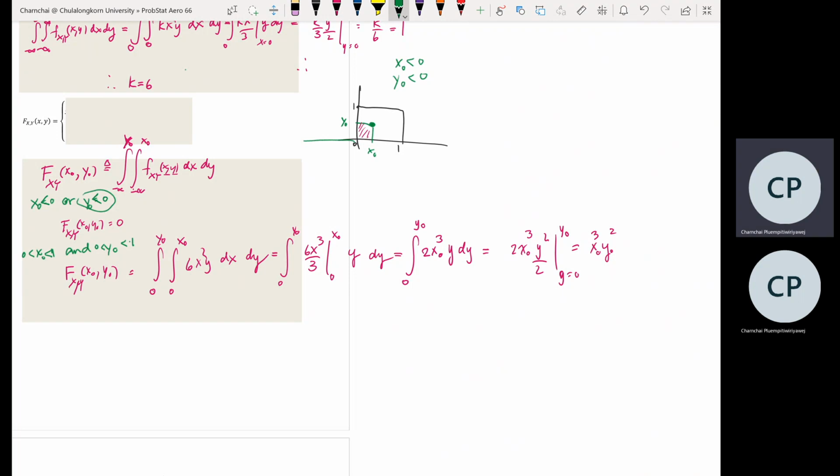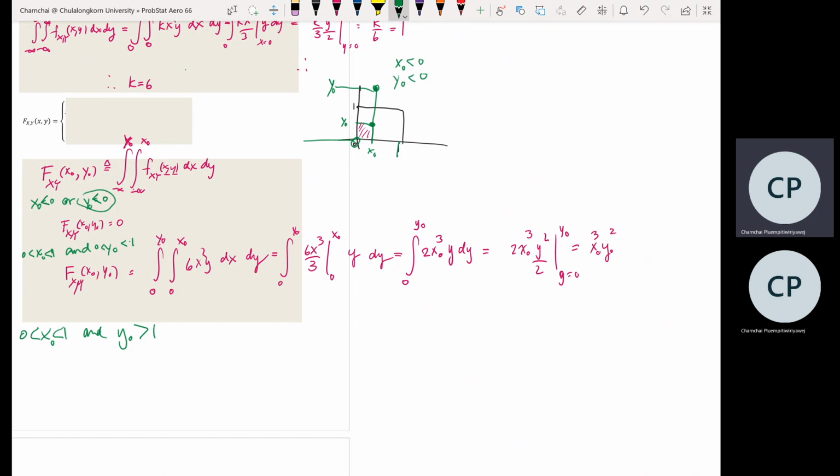Yes, here it is right here. x between 0 and 1, but y more than 1. So x between 0 and 1 and y more than 1.